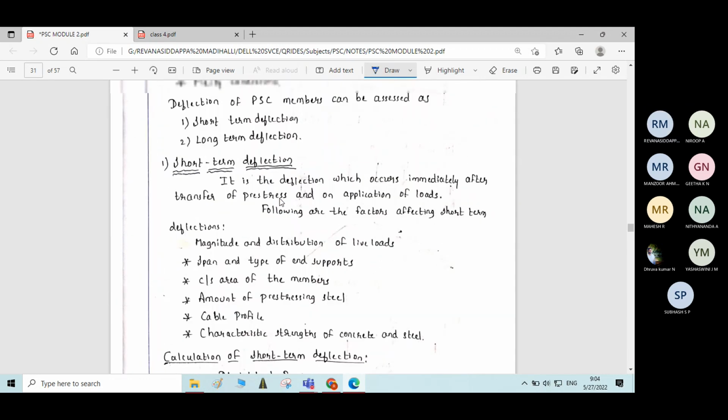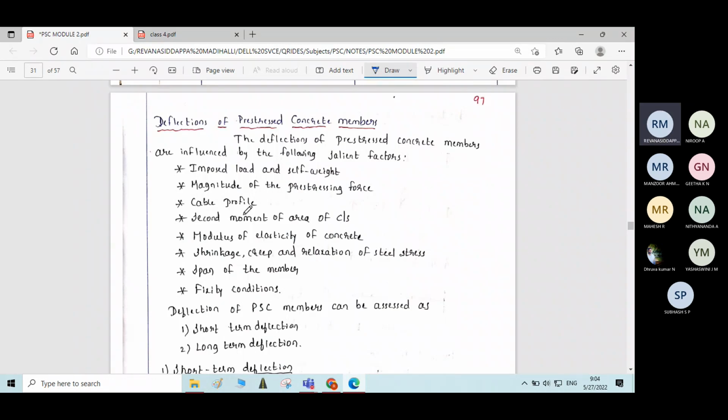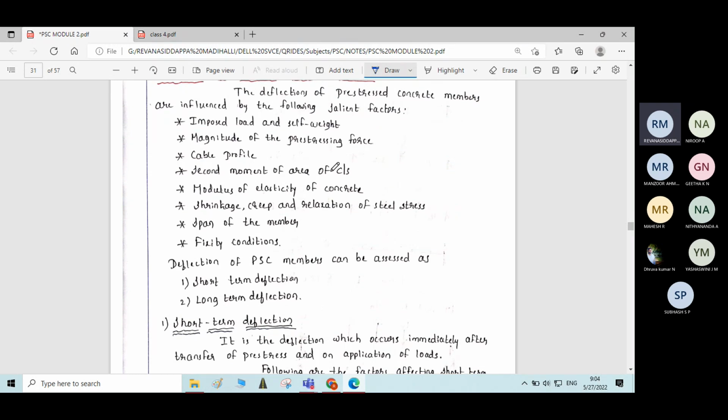Then the cable profile. The deflection also depends on the cable profile, whether the profile is parabolic, straight or triangular. Depending upon the cable profile, the deflection of the beam will change. Then the second moment of area of the cross section, the moment of inertia. If the moment of inertia is higher, then the deflection will be higher, because self-weight increases.